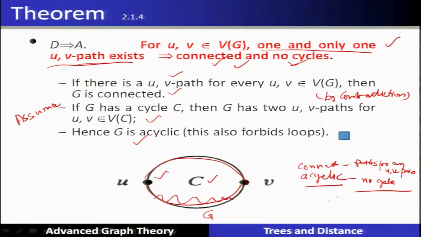This will conclude that both our conditions are satisfied. So, this is equivalent to saying that if exactly one path exists between u and v, then the graph will become connected and also acyclic.